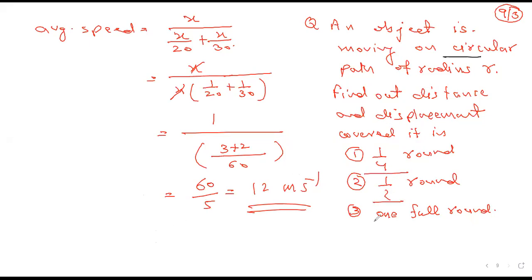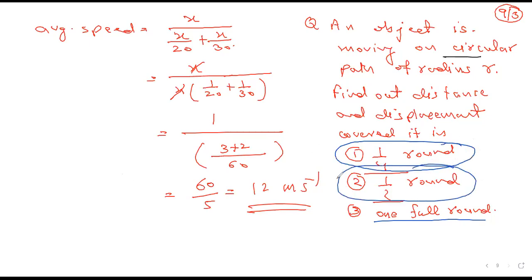In the third case, displacement is 0. Distance is 2 pi r, the circumference.